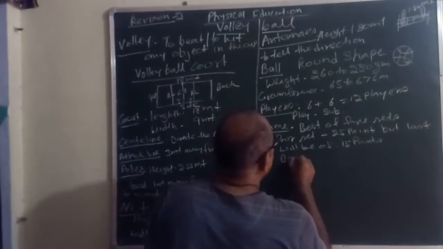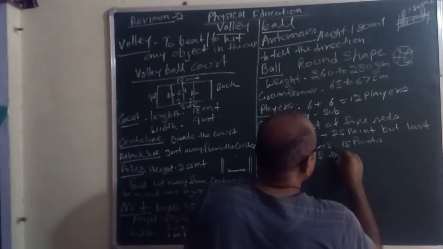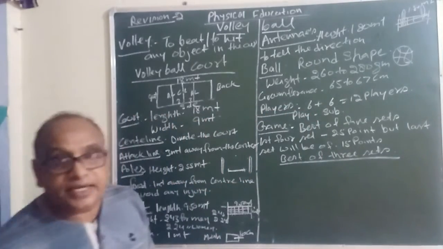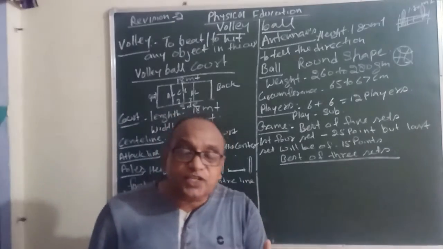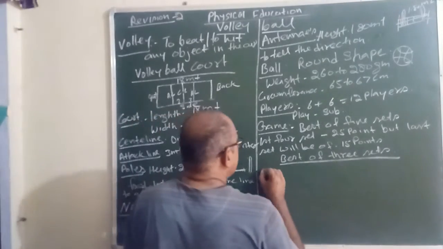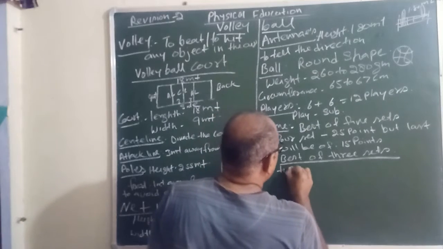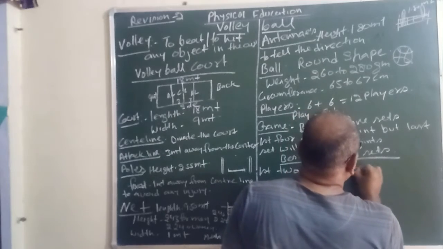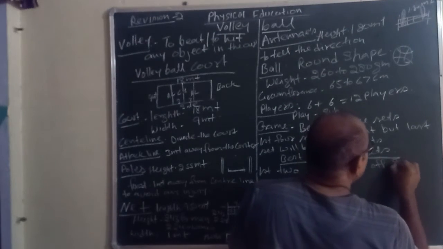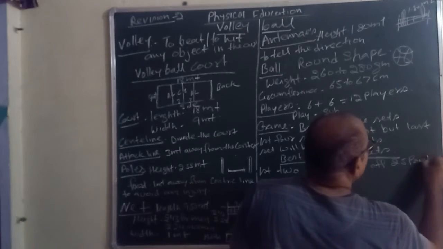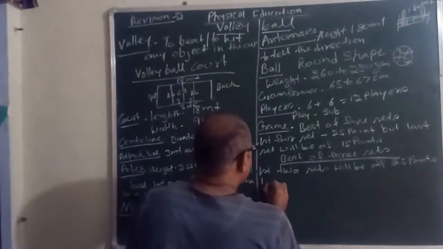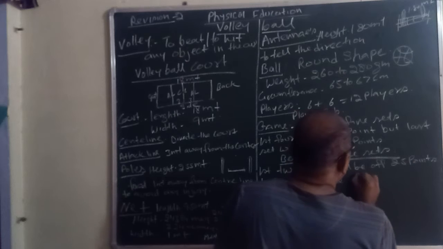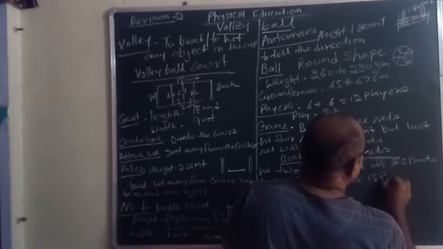If best of 3 sets are there, then first 2 sets will be of 25 points and last set will be of again 15 points.